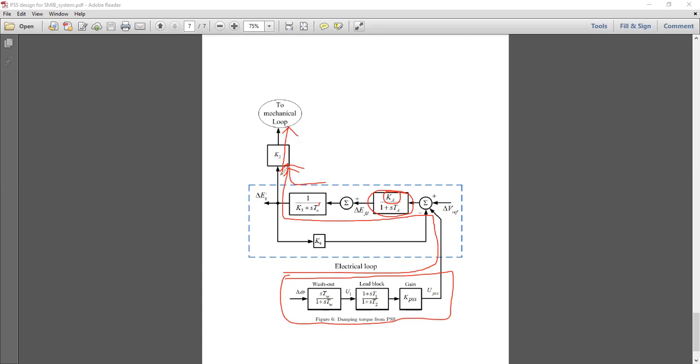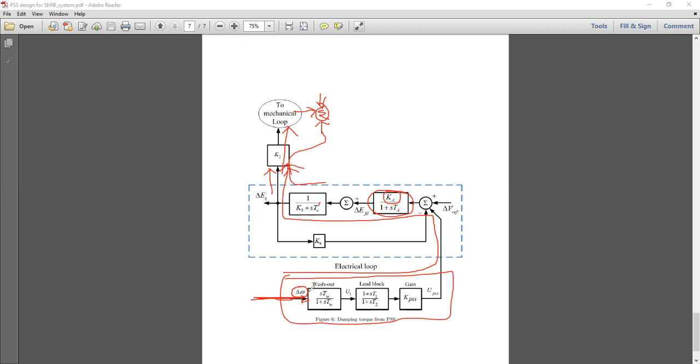From the electrical loop through this gain K2 to the mechanical loop, into the summing point of the torque. In the summing point of the torque in the mechanical loop, this signal will be fed. And this UPSS will only get activated, as you can clearly see, when and only when this del omega is non-zero.